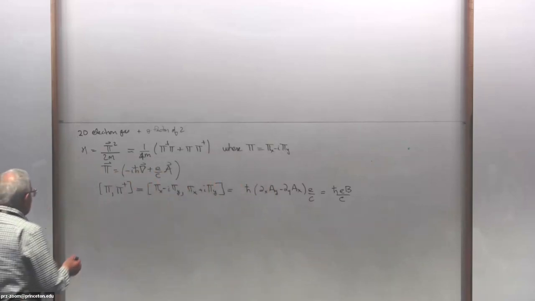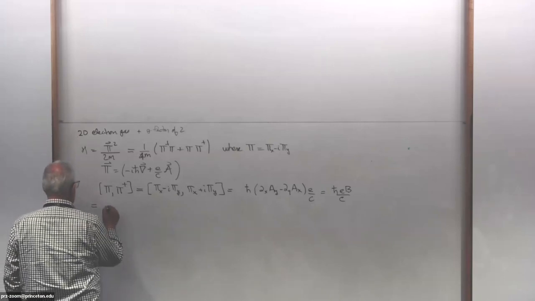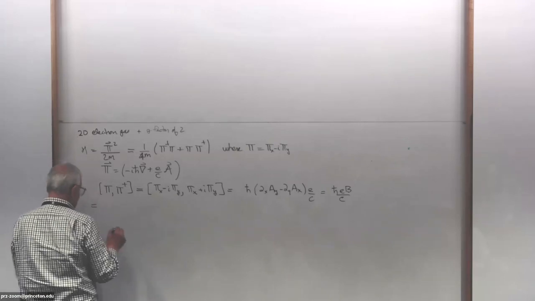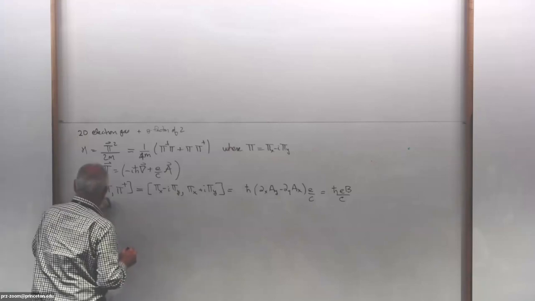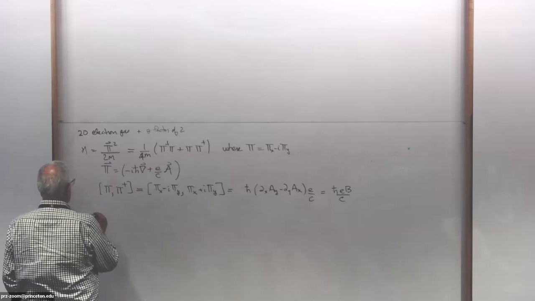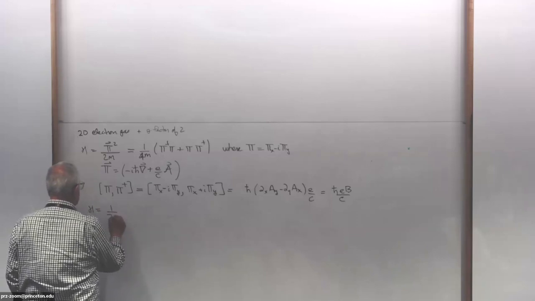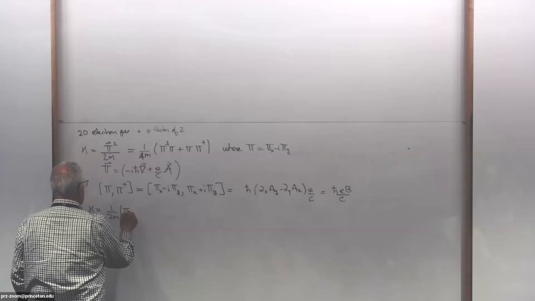And so if I do that, then I get the Hamiltonian, which I can write as 1 over 2m π† π.